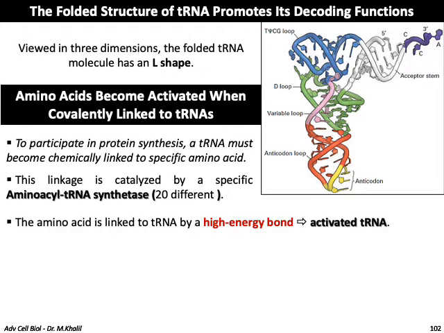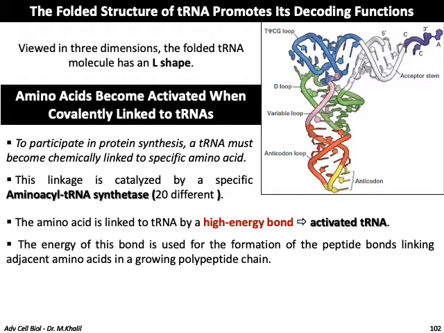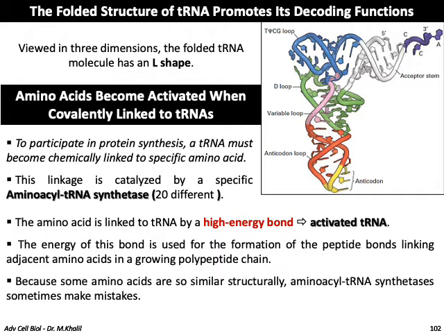The amino acid is linked to transfer RNA by a high energy bond, and hence the transfer RNA is activated transfer RNA. The energy of this bond is used for the formation of the peptide bond linking adjacent amino acids in a growing polypeptide chain. Because some amino acids are so similar in structure, aminoacyl-tRNA synthetases sometimes make mistakes.